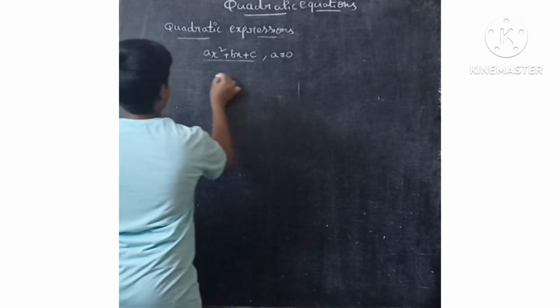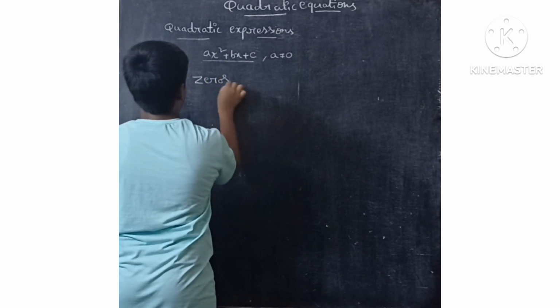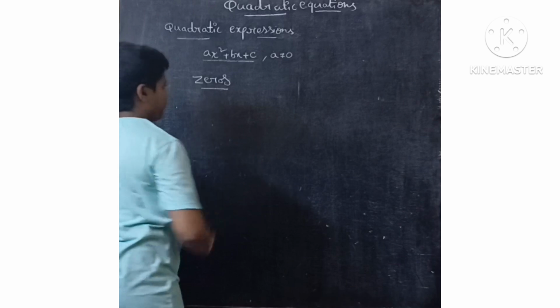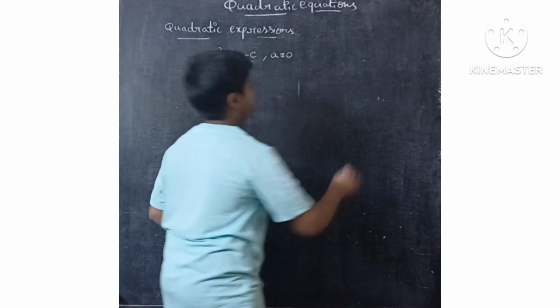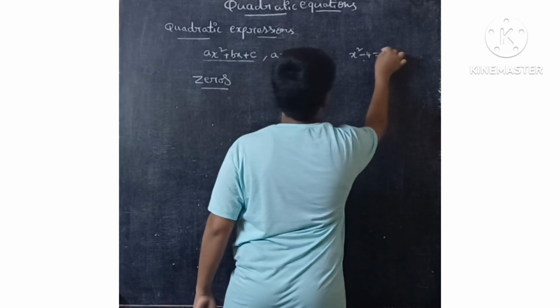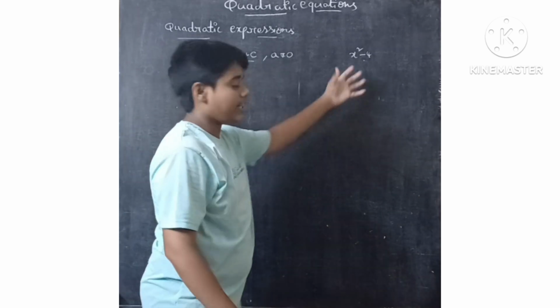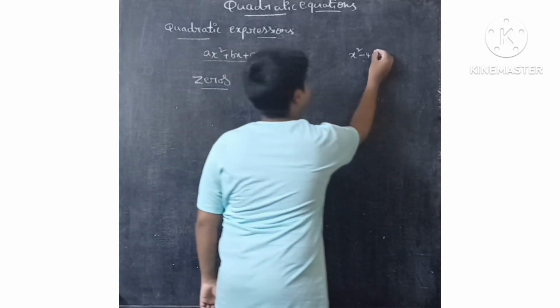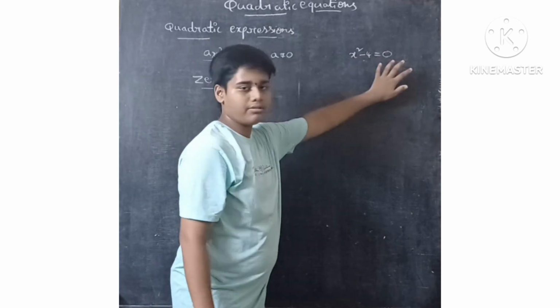And here, zeros are present in quadratic expressions. Zeros. Here we already know the 0 of a polynomial. If I take x square minus 4, which is a polynomial, then what does the 0 mean? Take it as 0. It is equal to 0.